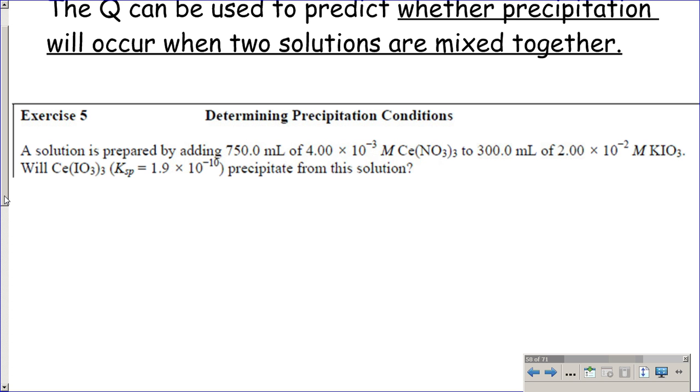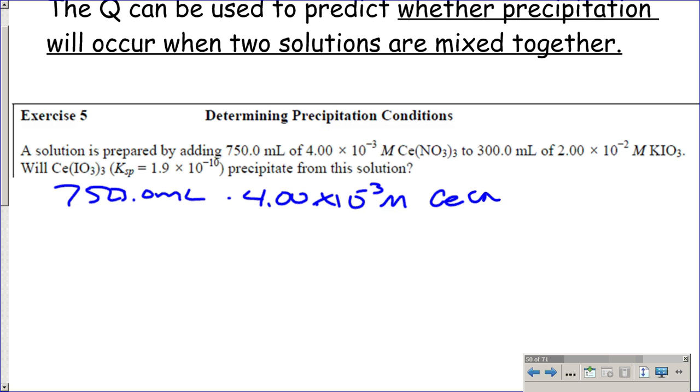Okay, so these are a little bit more complicated, so I'm walking through my process. You're given 750.0 milliliters of 4.00 times 10 to the negative third molar solution of cerium 3 nitrate. Cerium nitrate. Is that a transition metal?